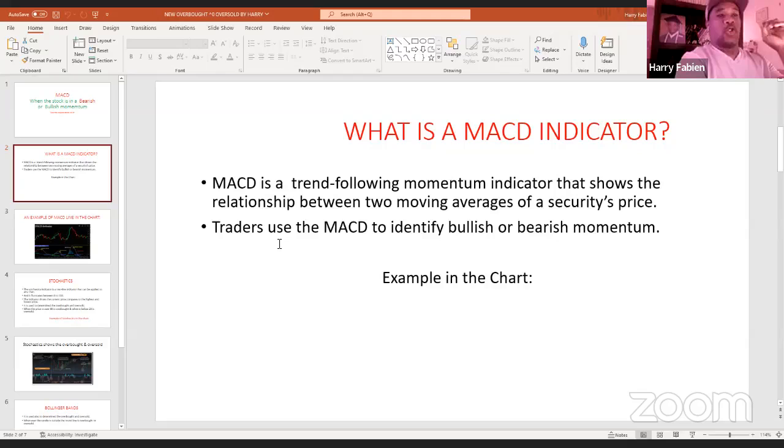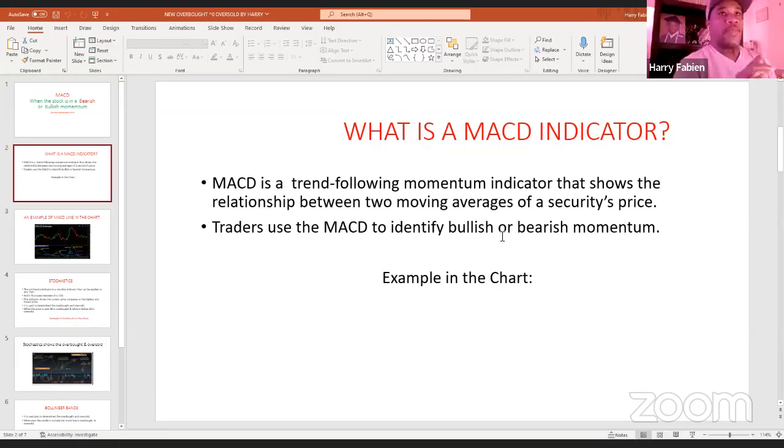Traders use the MACD to identify bullish or bearish momentum. That's all the MACD does: it identifies a bullish momentum or a bearish momentum.